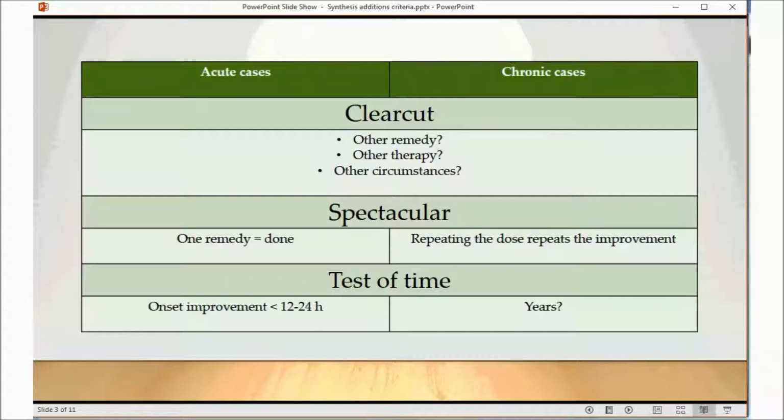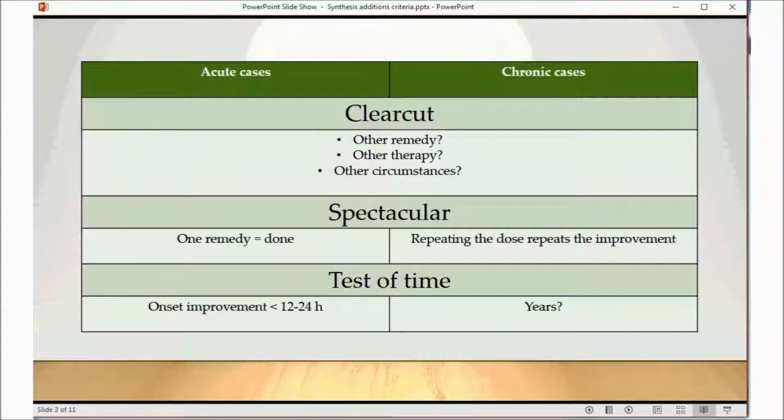Okay? So you have a chronic case, you give Natrium silicata one time, you have a repetition. After a few weeks, few months, the patient is again showing the original symptoms. We repeat the dose and again the improvement takes place.